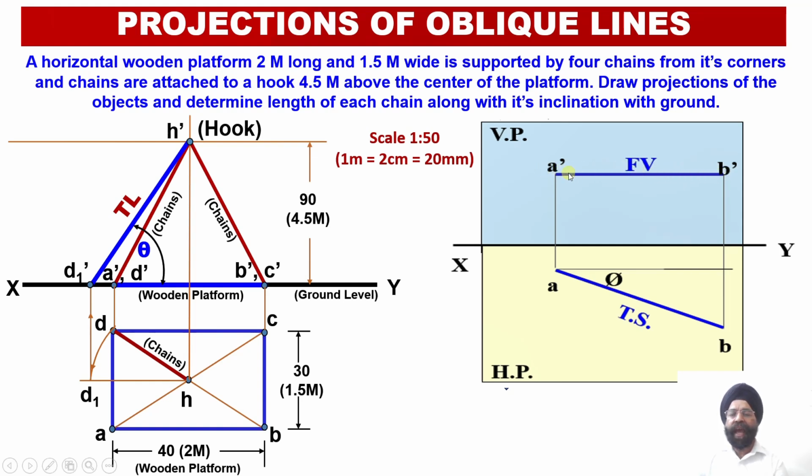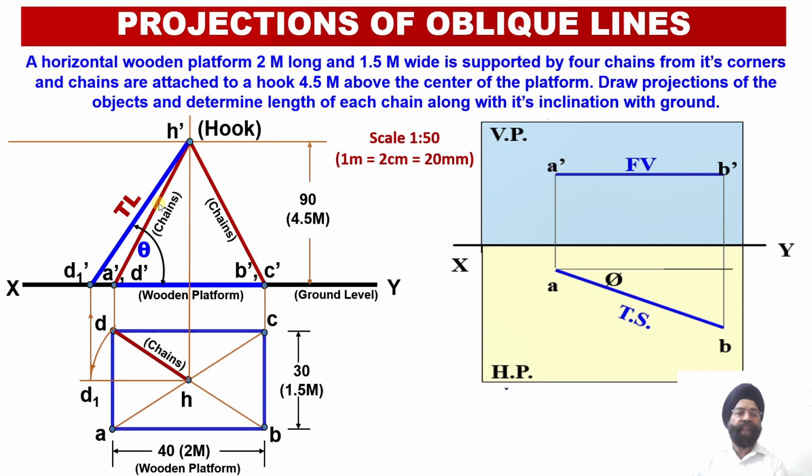So whenever the apparent length projection of a line becomes parallel to the horizontal plane, the projections drawn through these 2 points onto the horizontal plane will provide us with the true length of the line in the top view or onto the horizontal plane. So here we can see that h dash a dash and h dash d dash are the two chains which are available with us in the front view, right?